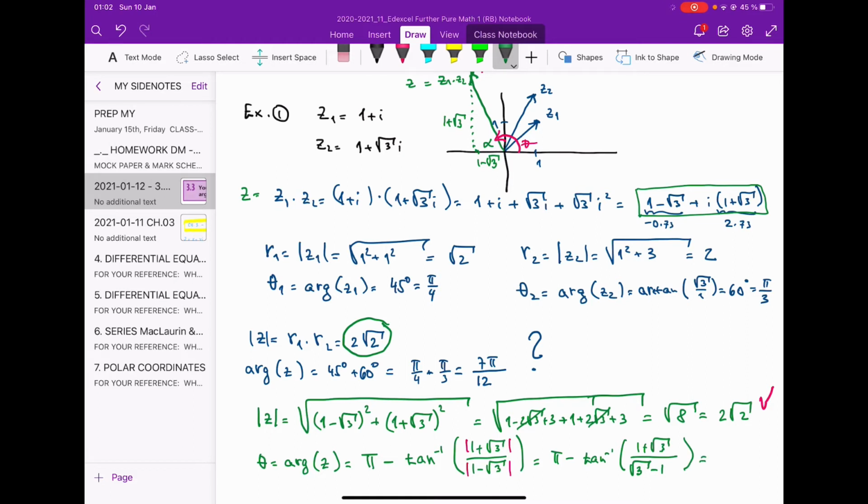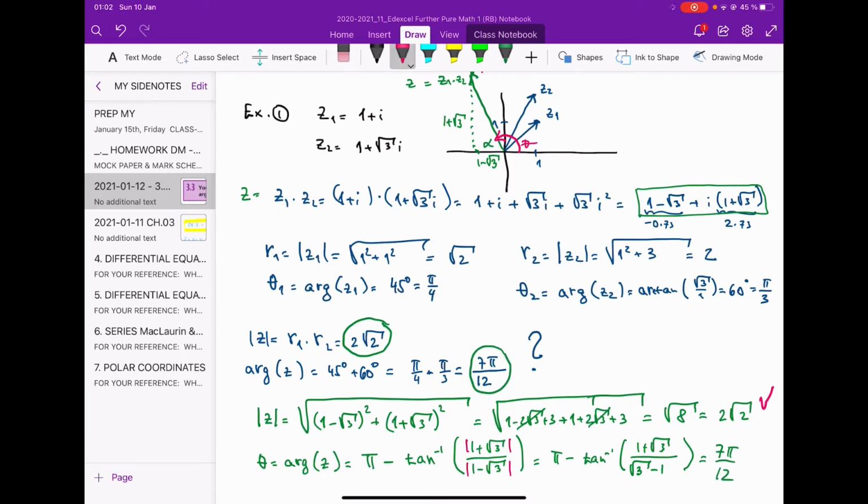When you try to do that, you can check with the calculator: pi minus arctangent, but you must be in radians, do not forget that. 1 plus root of 3 over root of 3 minus 1, I typed it wrong. And when you press equal, then it's 7 pi over 12, which is exactly the same as this one.